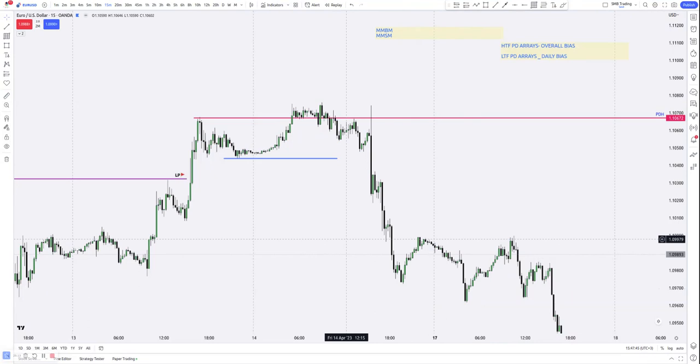So in a higher time frame uptrend, which we have identified as a higher time frame overall bias to be bullish, we have a daily bias to sell.